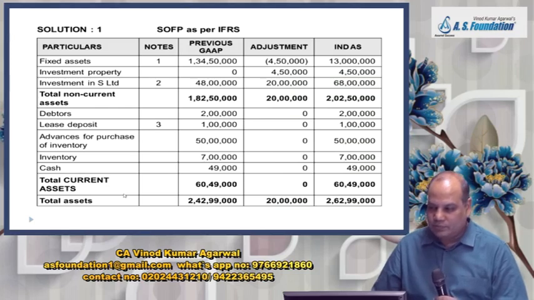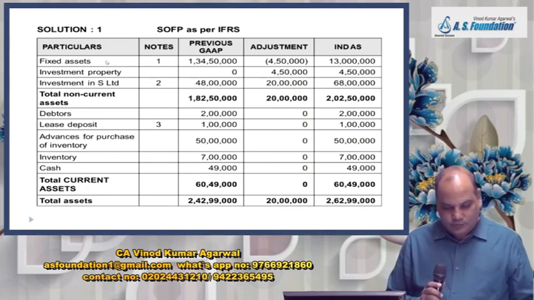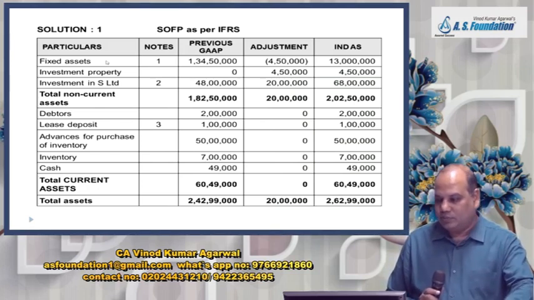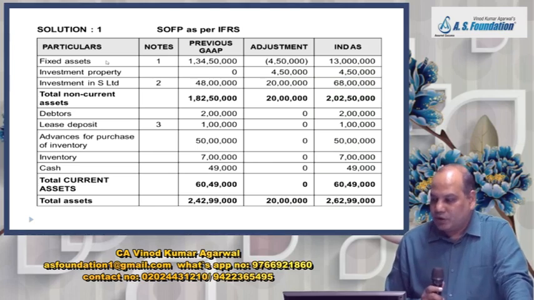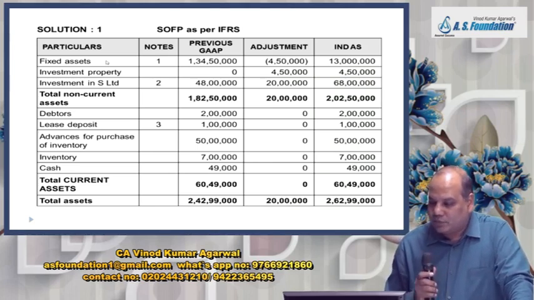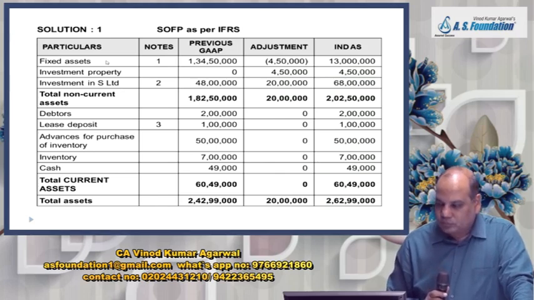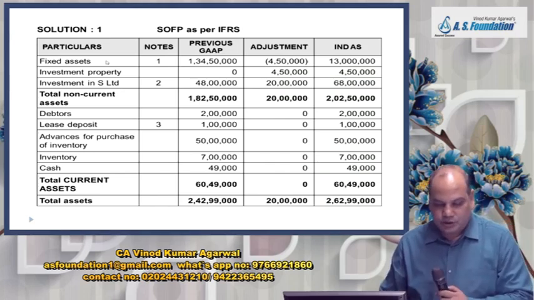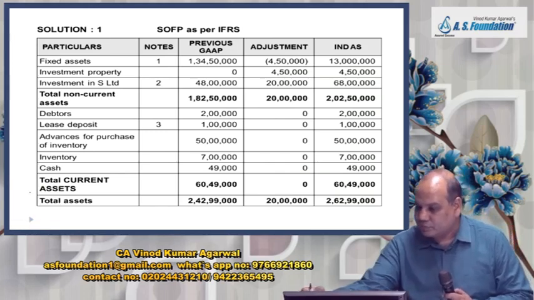Check the answer. First item, fixed asset. Fixed asset, write down. Opening as per previous GAAP 1 crore 34 lakh 50,000. Adjustment in bracket, write 4 lakh 50,000. Therefore, as per IFRS, just change the heading here.